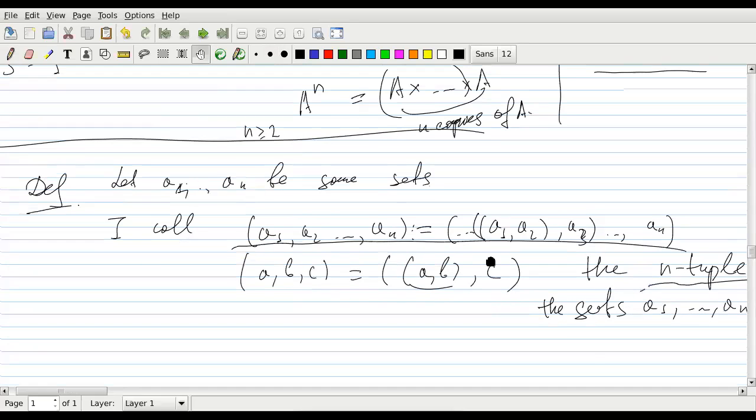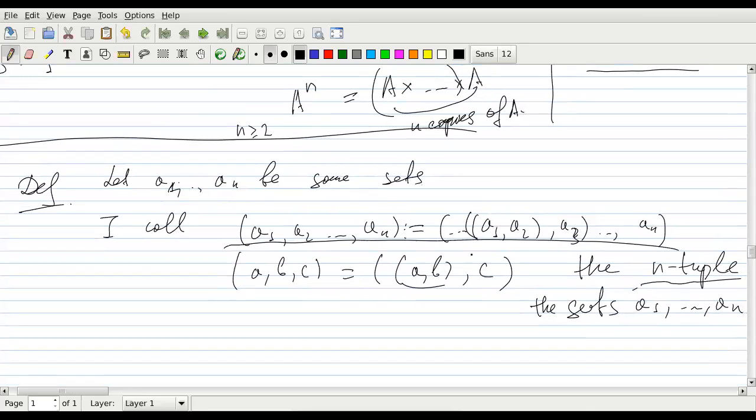What is a tuple? A tuple is a generalization of a pair. For example, what is a triplet or 3-tuple? It is a pair of the pair of first elements and the last element. Is it clear? Yes.